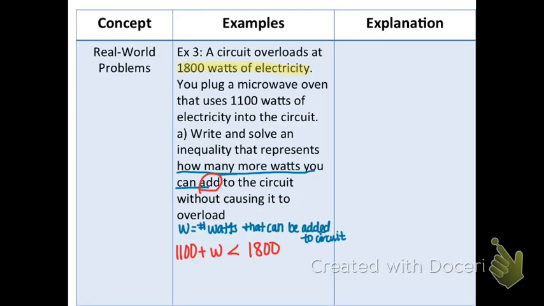Off to the side here, let's say that 1100 plus W represents the total number of watts I will have.